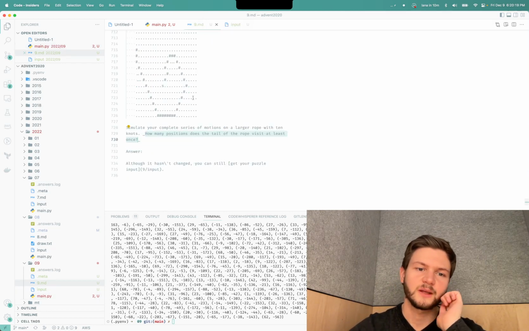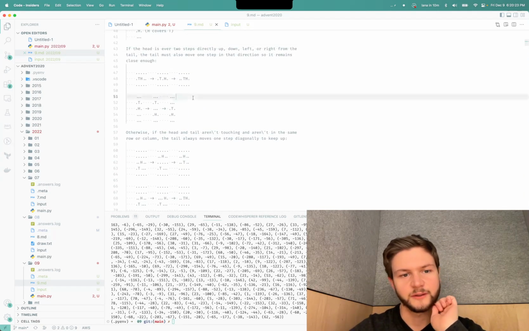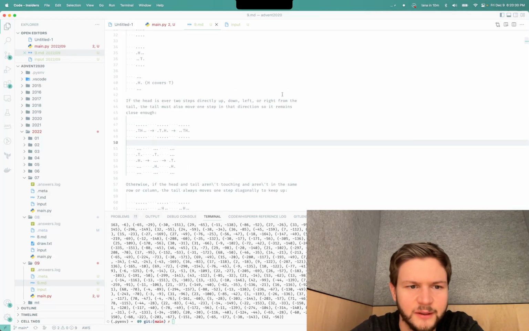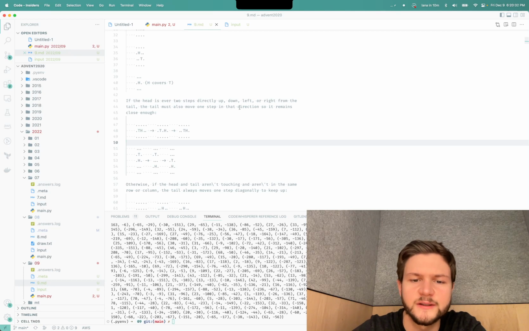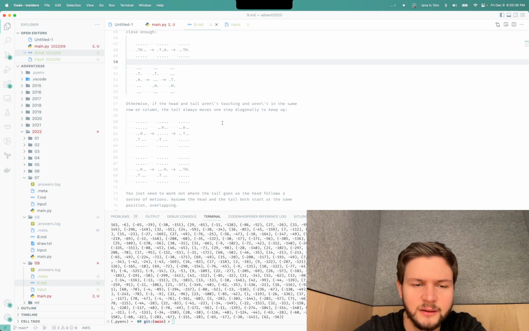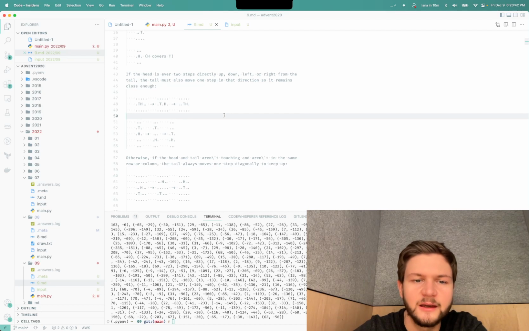Let's maybe try to figure out a different way to define the movement here. So if the head is ever 2 steps up, down, left, or right, tail must also move 1 step in that direction. Otherwise, if they aren't touching and aren't in the same row or column, the tail always moves 1 step diagonally to keep up.